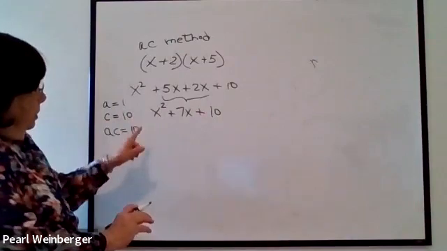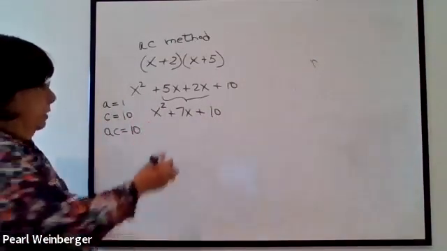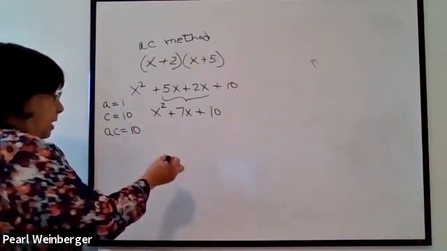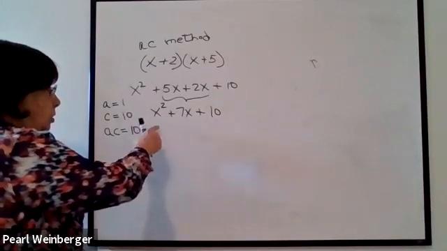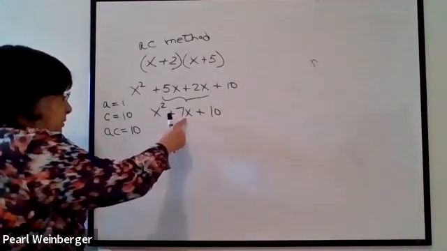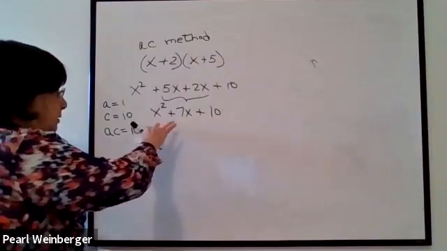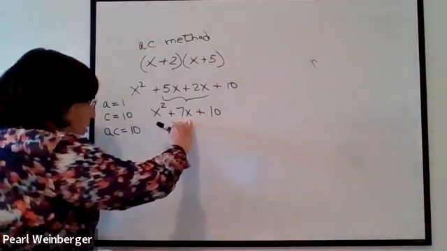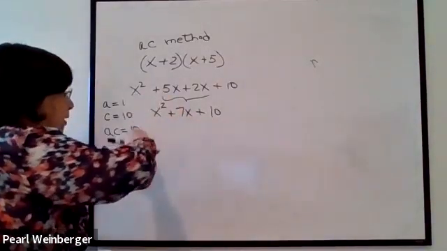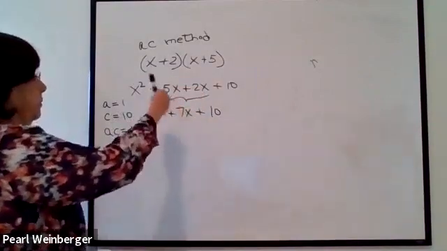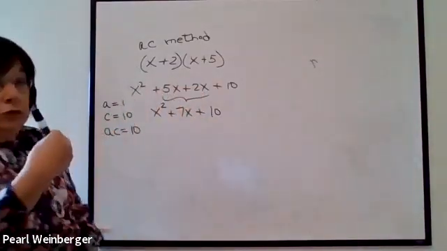Okay, now, if you think about it, we want to take this 7x and somehow break it back up into the original outer and inner, because if I could do that, then I can use grouping.